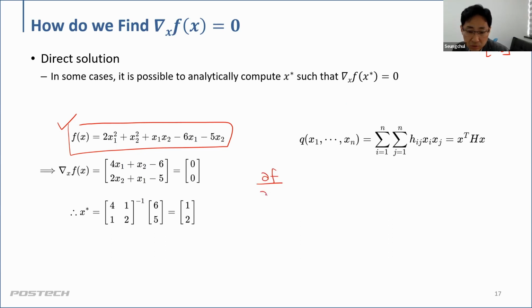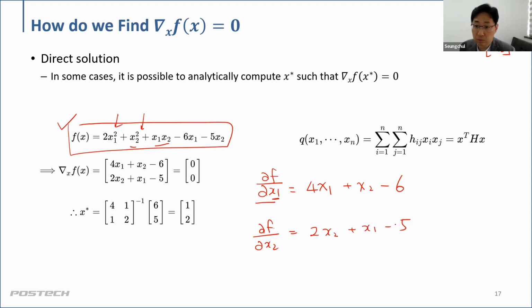So let's do this. The partial derivative gives 4x1, and for x of 1, x of 2 you can treat it as a constant, and here x of 2 minus 6. And for this case, 2x2 plus x of 1 minus 5.